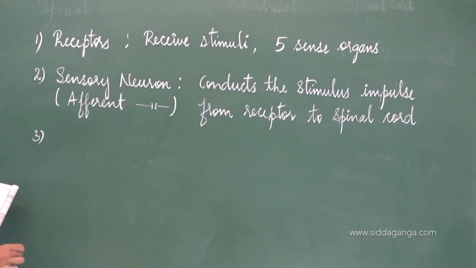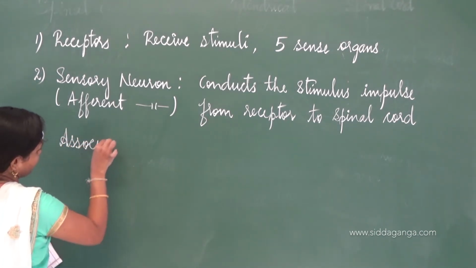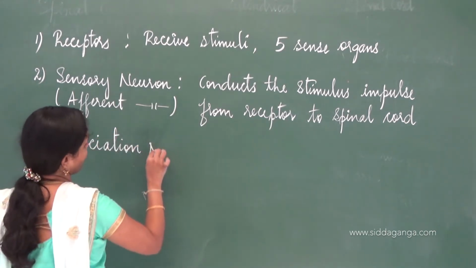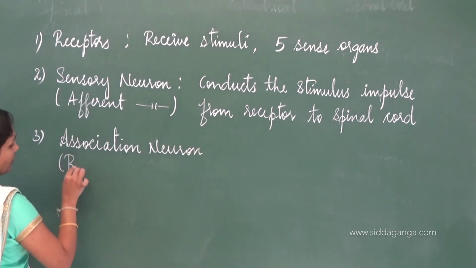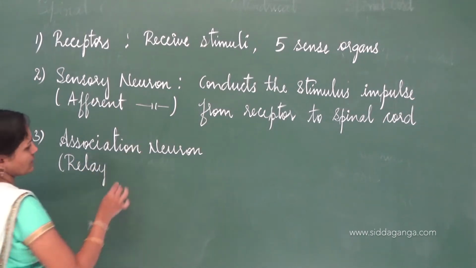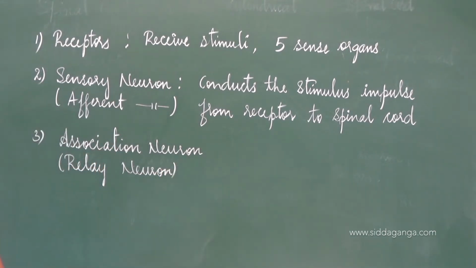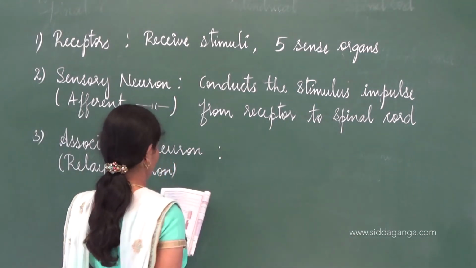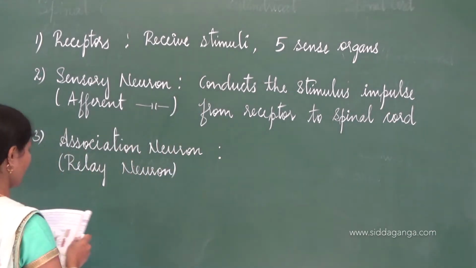And the third important component is association neuron. Association neuron or relay neuron or interneuron, I-N-T-E-R, interneuron. It acts as a connecting link between sensory neuron and motor neuron.